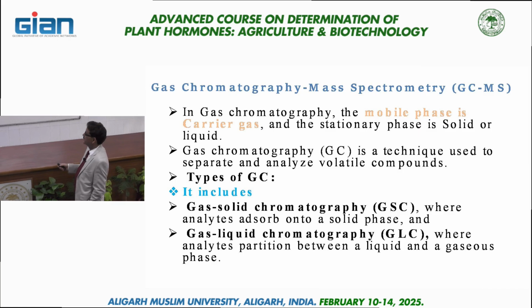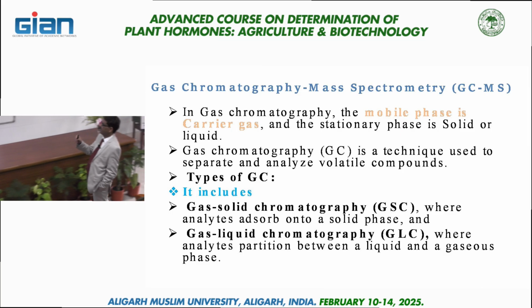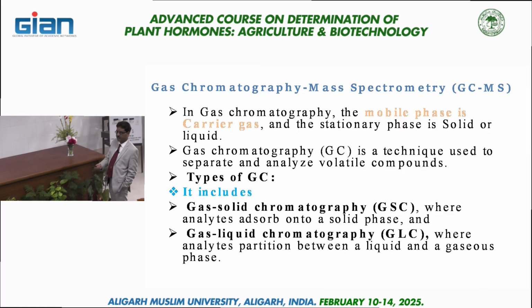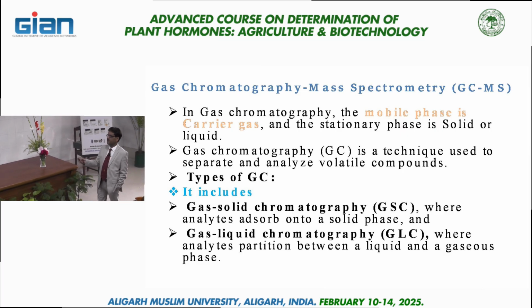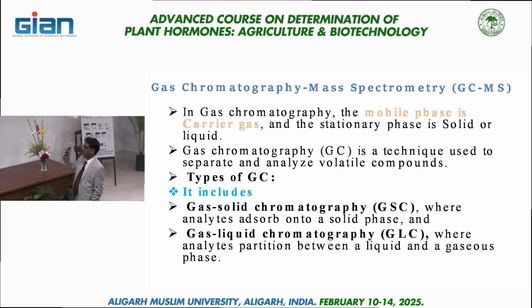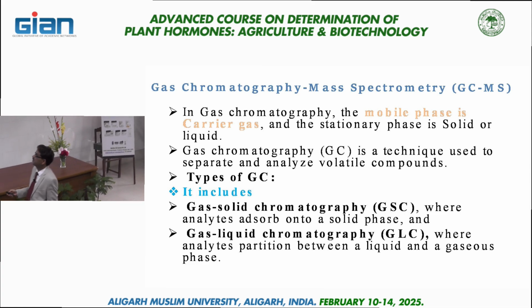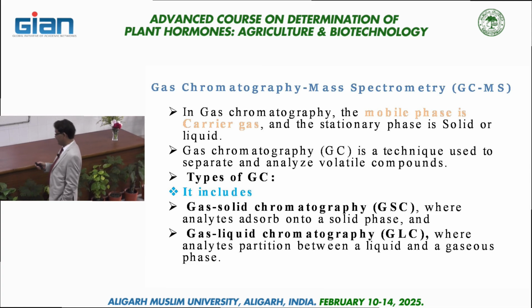And what are the types of GC? Gas-solid chromatography, which was used earlier, where analytes adsorb onto the solid phase, and gas-liquid chromatography, where analytes partition between liquid and gaseous phases to be separated. Then we have the mobile phase.